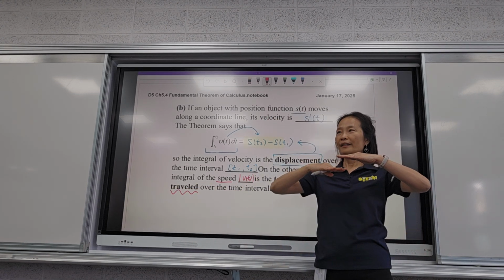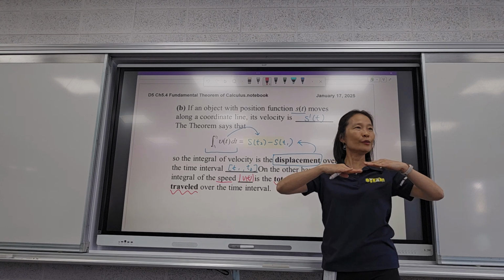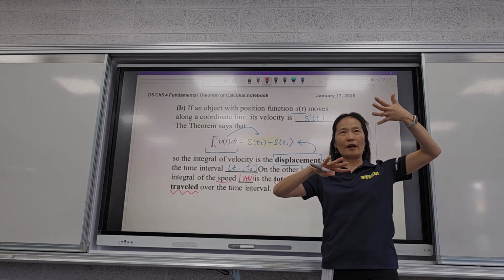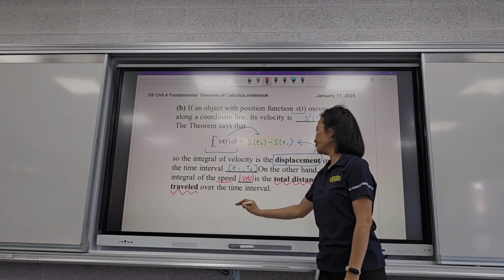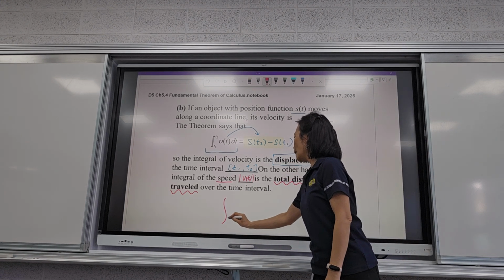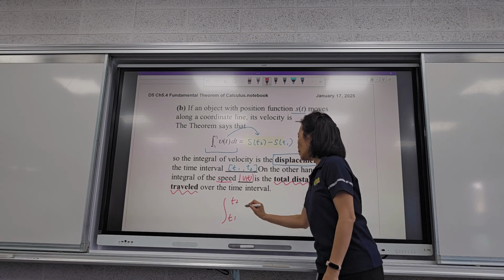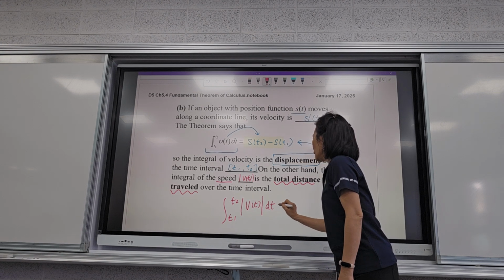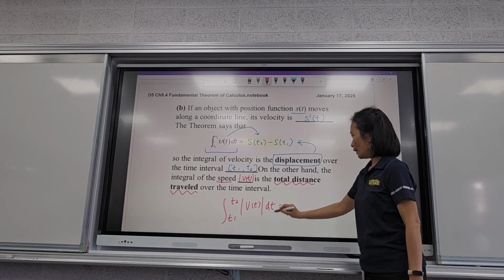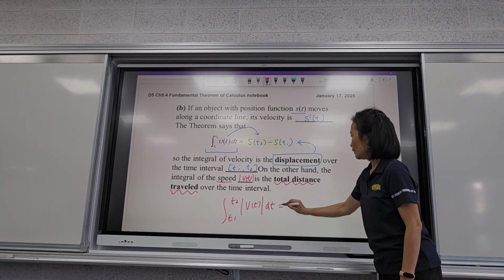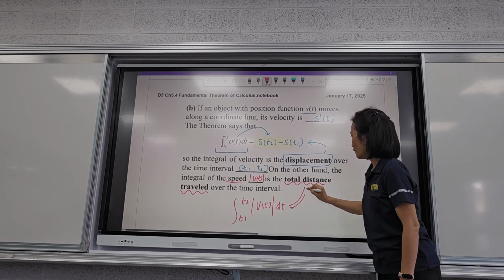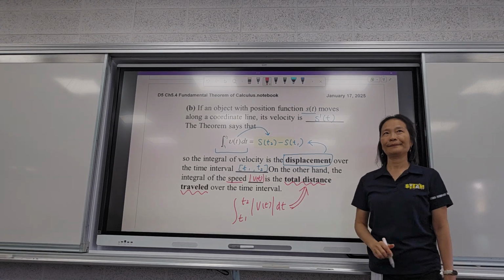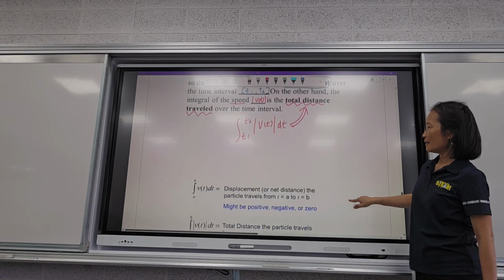Because when you're taking the absolute value, all the negative graph become positive graph. So, integral from t1 to t2, absolute value of v of t dt will be the integral notation for total distance traveled. Okay, let's look at that right here.